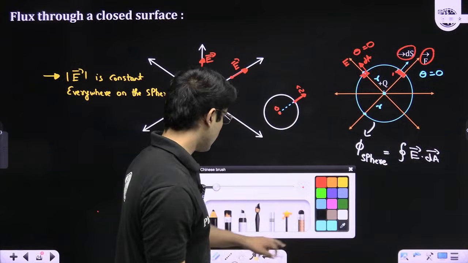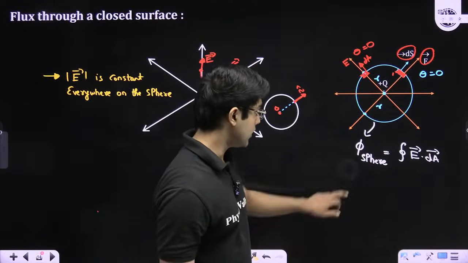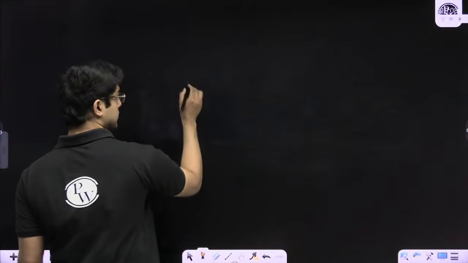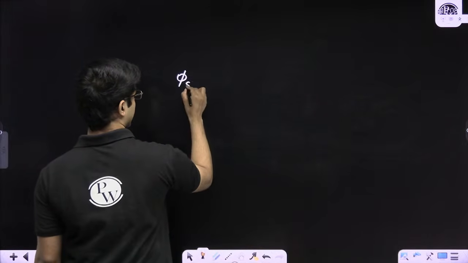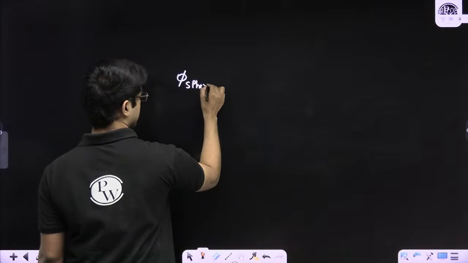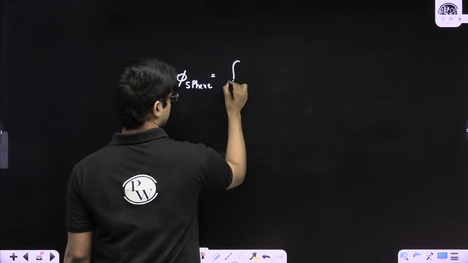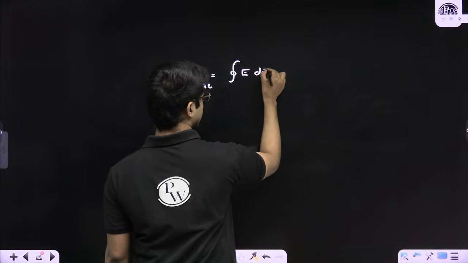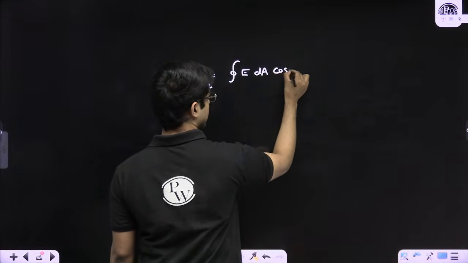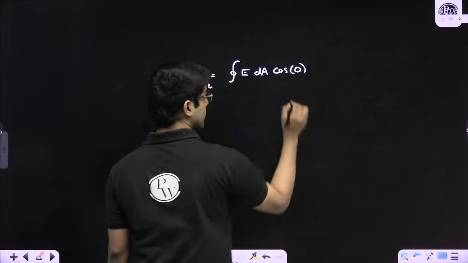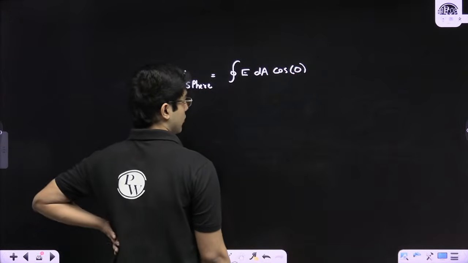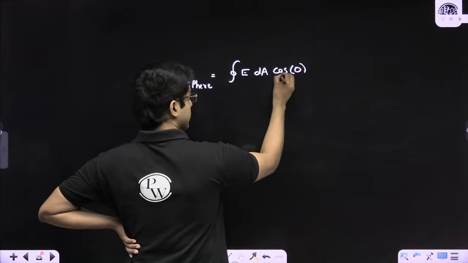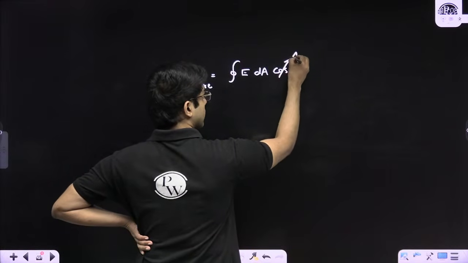So what we can do here is simplify this flux term. Open up the dot product. It will be E into dA into cos theta. But theta is 0 everywhere, so you can write it as cos 0, which is of course 1.